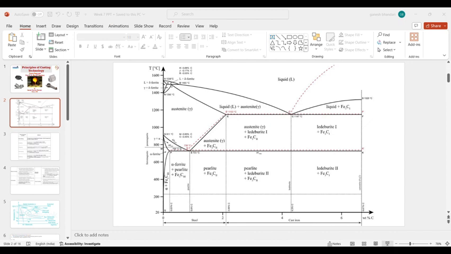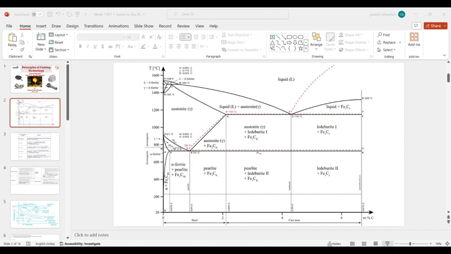So the increase in percentage of carbon in steel increases its tensile strength and decreases its ductility. But when we talk about cast irons, after that 2.08% optimized range, the tensile strength is also going to decrease.